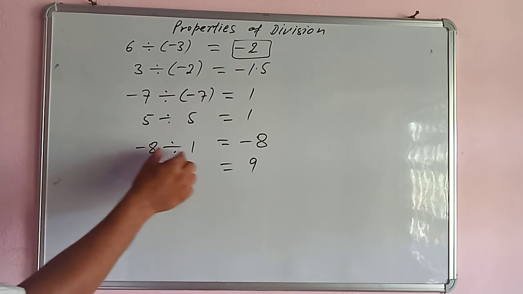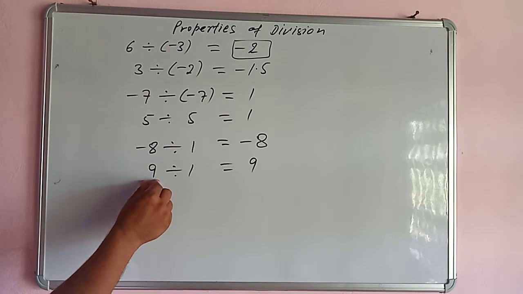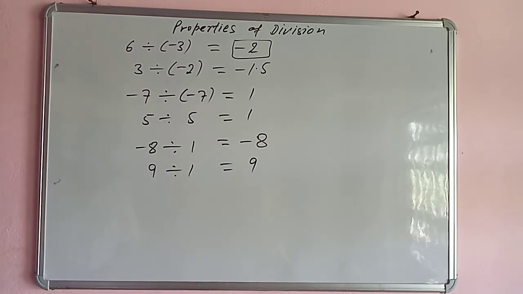Next, property number 4, 0 divided by any integer is 0.